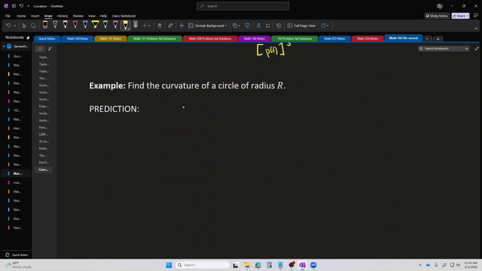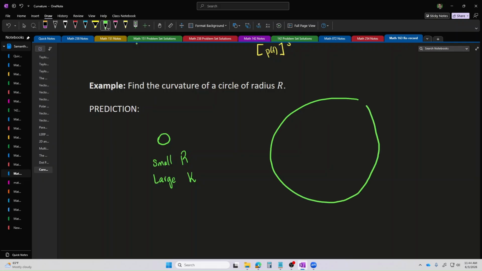If I'm dealing with a circle of a relatively small radius, I predict that I'm going to get a large curvature, a large value of k. That's because a circle with a small radius is bending very sharply and very tightly through space. By contrast, if you have a very large circle with a big radius, I predict that the curvature for that circle is going to be small.